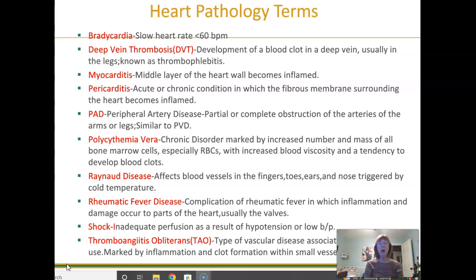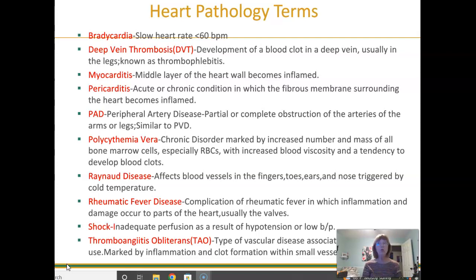PAD, peripheral artery disease. This is partial or complete obstruction of the arteries of the arms or legs, and it is similar to PVD. Both are bad, and people have lost limbs over it. Polycythemia vera. This is a chronic disorder marked by increased number and mass of all bone marrow cells, especially RBCs.